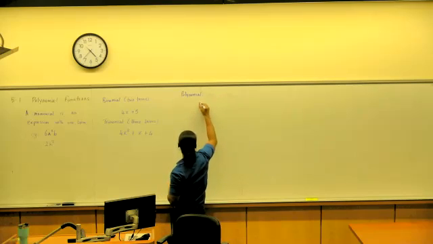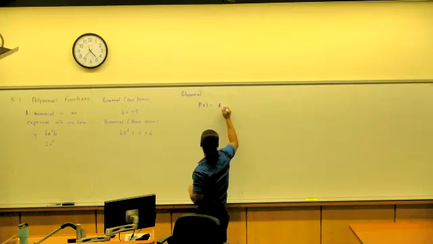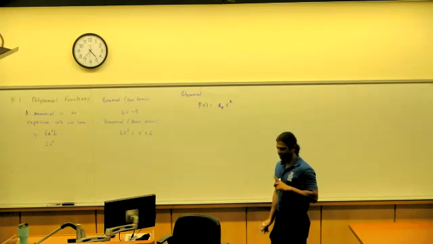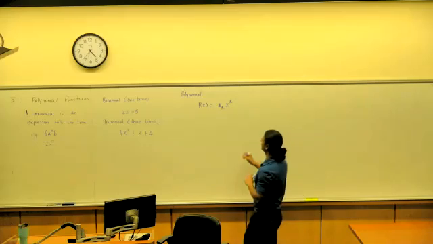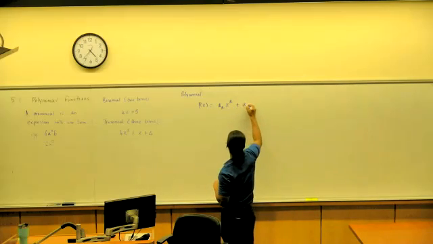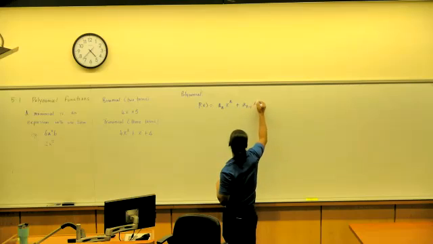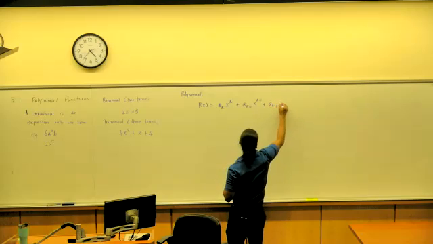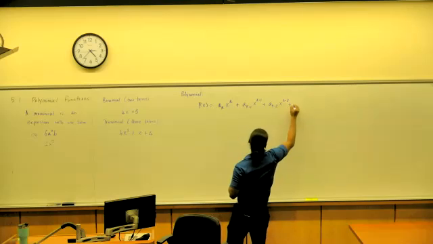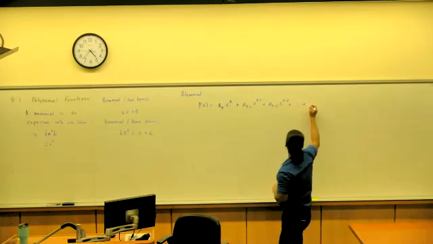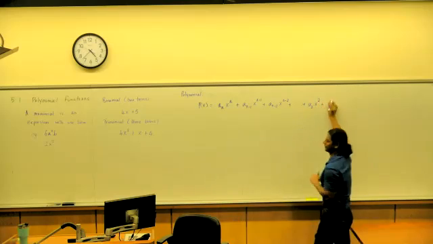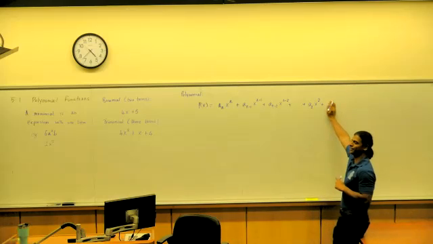The general form of a polynomial function is a sub n multiplied by x raised n plus a sub n minus 1 x raised n minus 1 plus a sub n minus 2 x raised n minus 2 and so on, down to a2 x², and if you have to take a guess, what should the next one be?